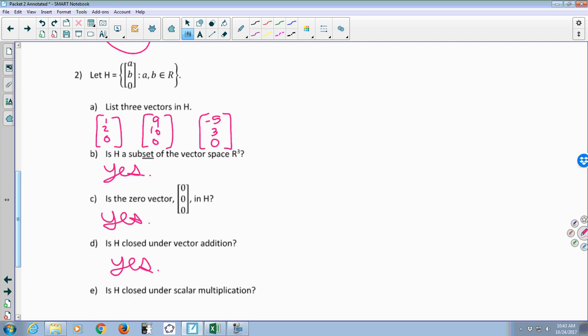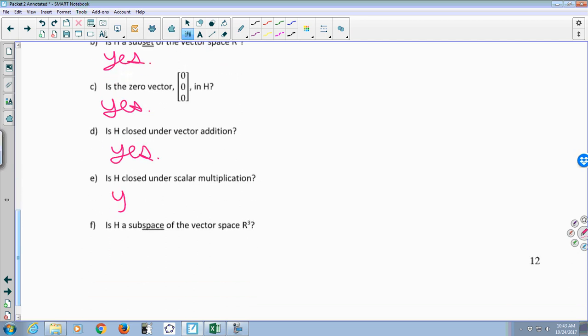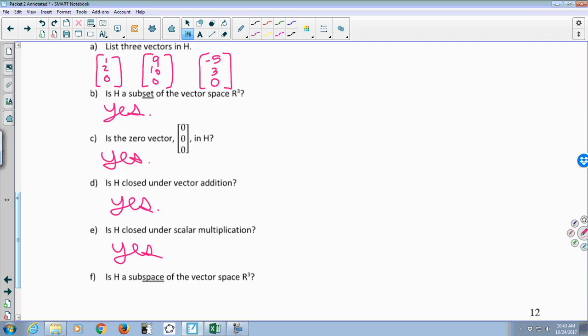How about closed under scalar multiplication? Yes, so no matter what vector I choose, I can scale it by anything I want, and I'm going to get real number 0, which makes it part of the set H. So this is yes. All right, so I managed to answer yes to all 4 of these questions, right? It is a subset of the vector space R3.